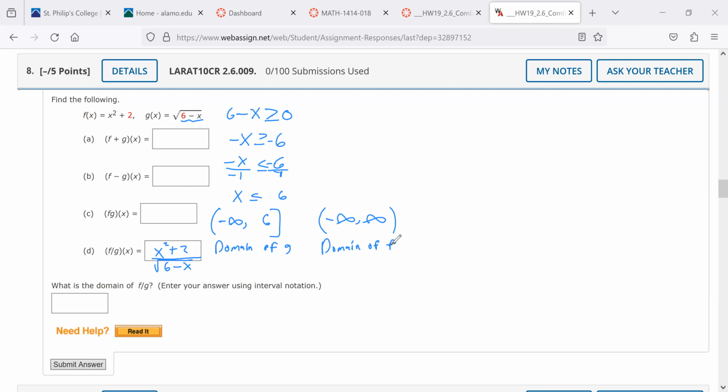So the domain would have to be parentheses. Does that make sense how we find the domain of F over G?